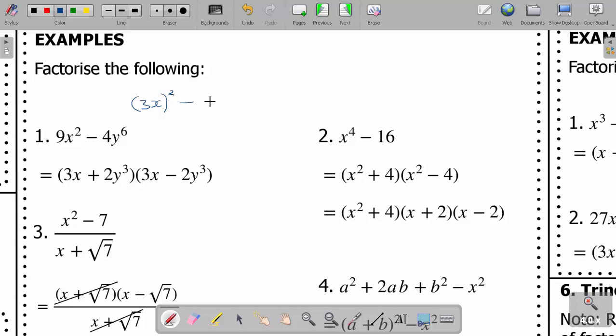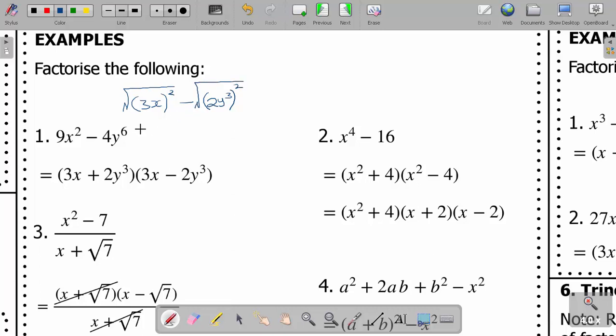I can write it as 2y to the power 3, and then everything squared. So now because this is the same as this, to get my answer I square root all these terms. I square root this term here and this term here.